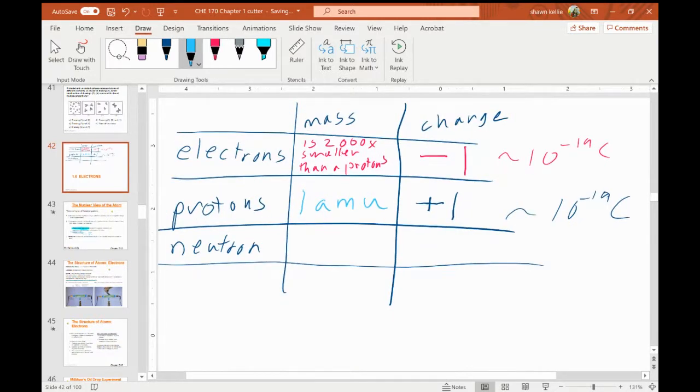What that means is we refer to the mass of an electron as negligible in the context of the atom. The mass of an electron is so much smaller, 2,000 times smaller, than the mass of a proton.